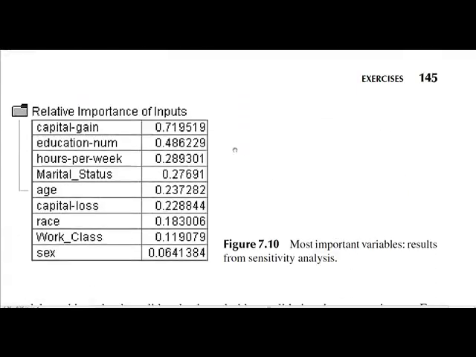So this is an output from Clementine indicating that capital gain was one of the most important predictors of the income, and so on.